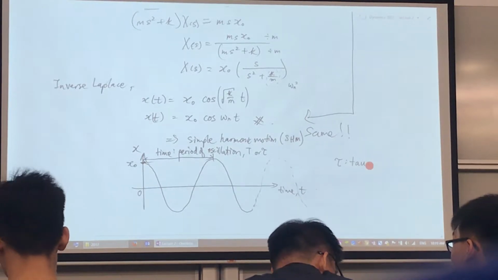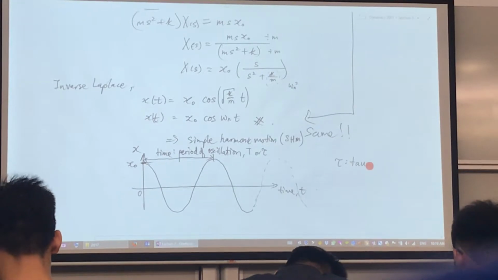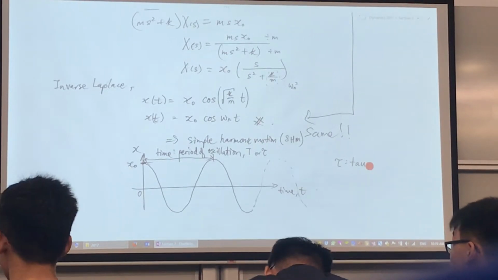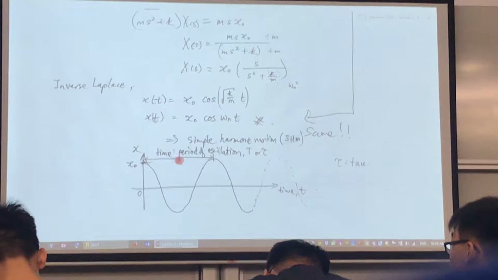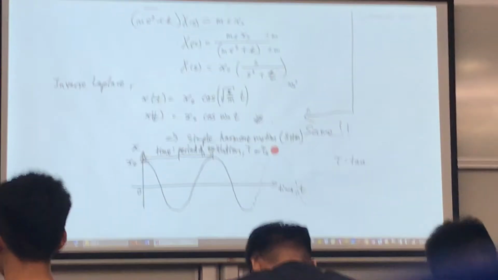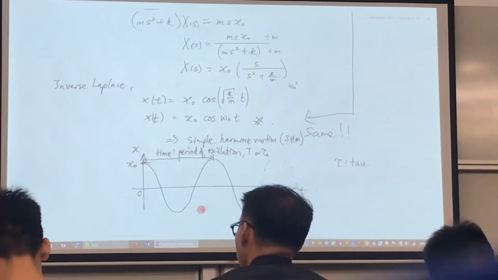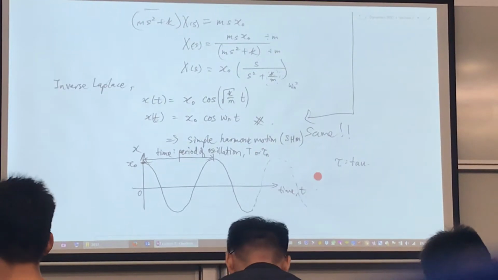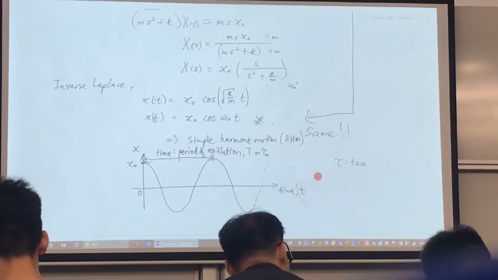So why do I use this other symbol? So that it's consistent with your data sheet. In your data sheet, that period of oscillation is tau n. Why n? Because it refers to the natural frequency, it refers to free vibration.